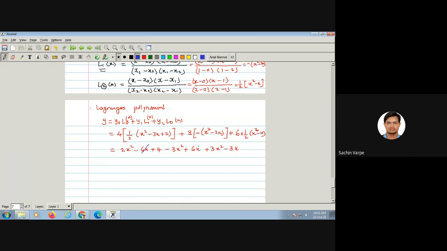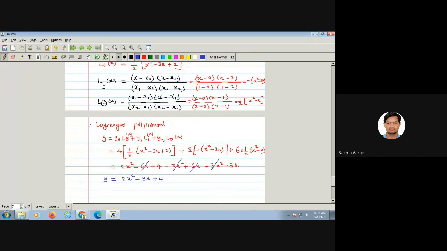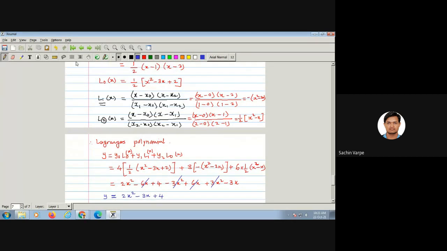So 6x gets cancelled, 3x square minus 3x square gets cancelled. So the polynomial is 2x square minus 3x plus 4. Am I right? Please check the calculations. Is this okay? Is this clear? Any doubt? Any questions?